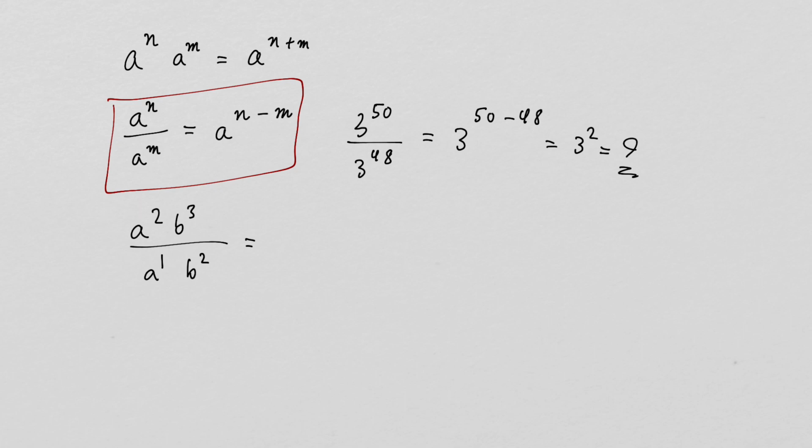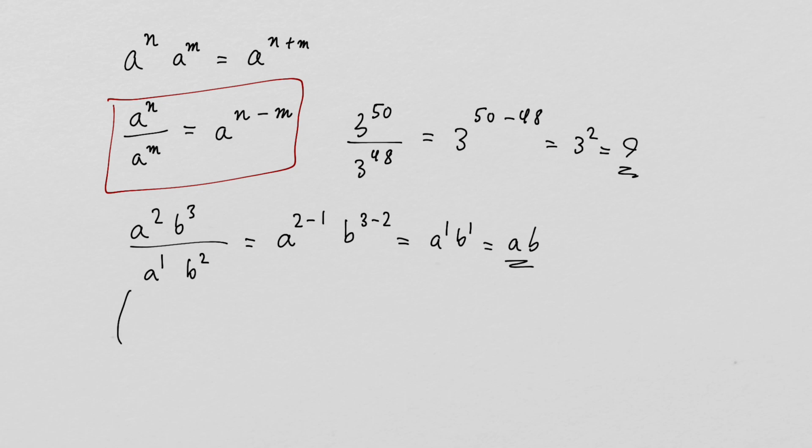We can see the variable a both in the numerator and denominator, and in total the power for a would be 2 minus 1, and in total the power for b would be 3 minus 2. So we would get a times b.